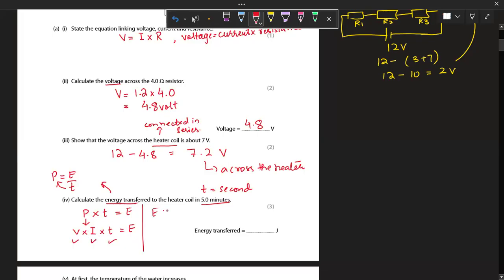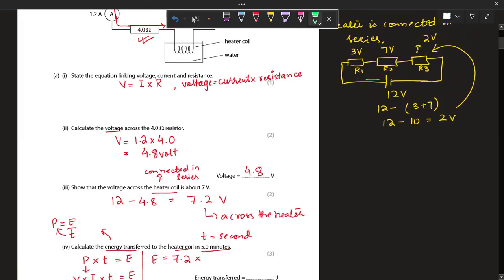So energy equals voltage. How much voltage do we have across the heater? 7.2. Are you getting this concept? And what's the current through the heater?